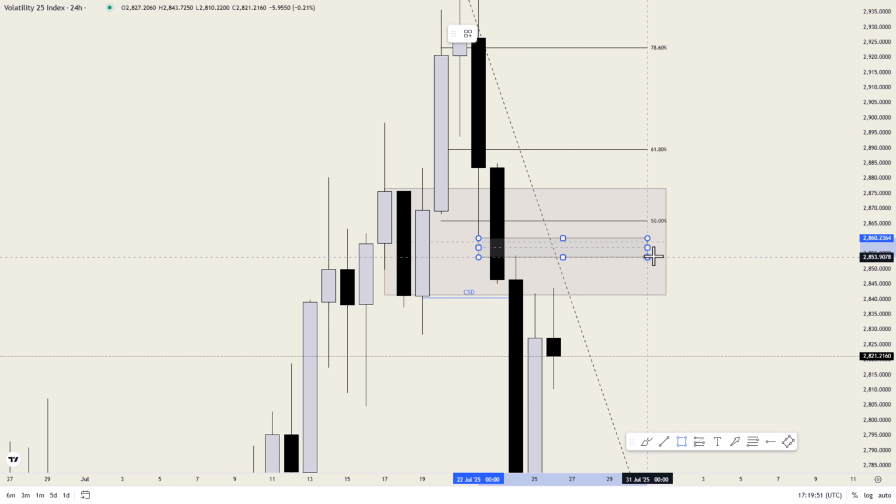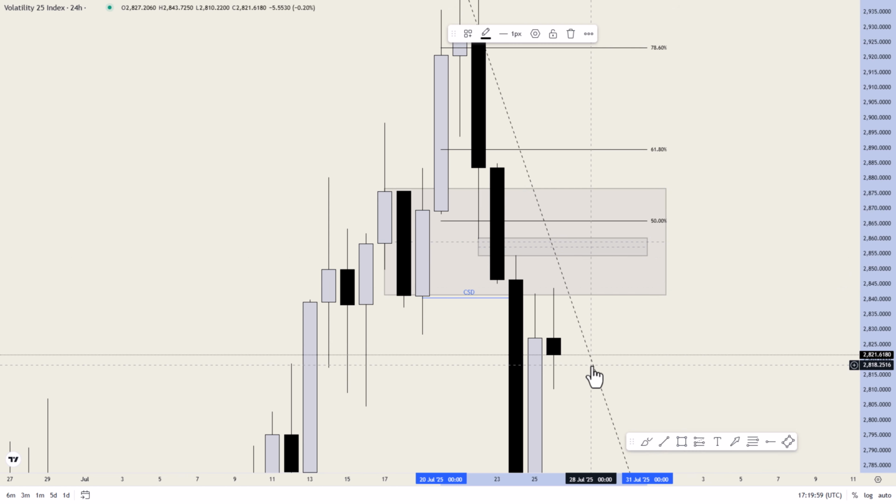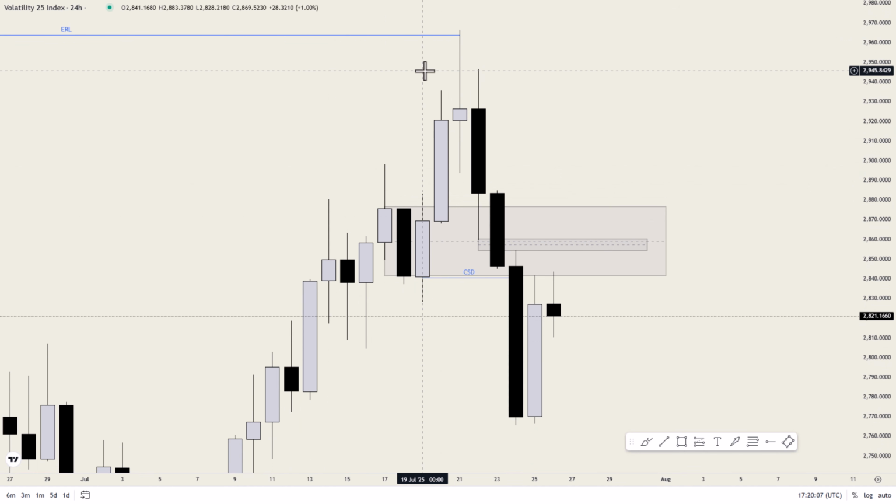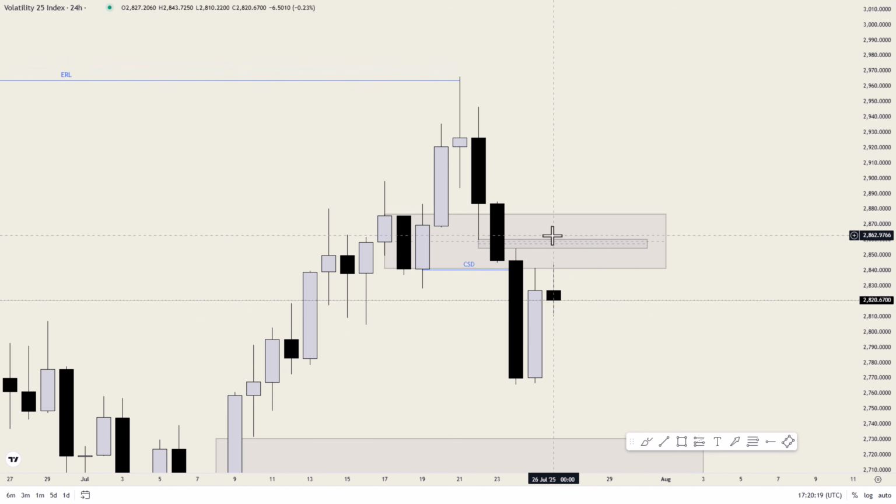And if price comes into this fair value gap, we should be able to see our protected high. What do I mean? This 3 candle pattern should appear at the fair value gap. And when this 3 candle pattern appears at the fair value gap, we should frame our trade at candle 1 and candle 2 within the fair value gap.